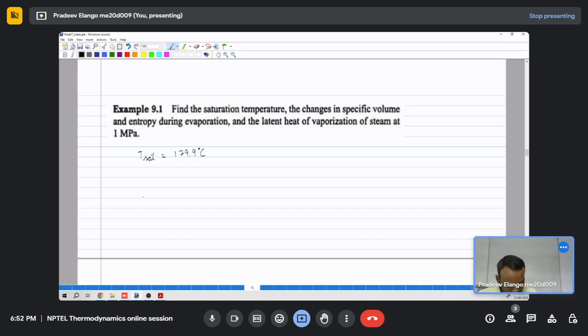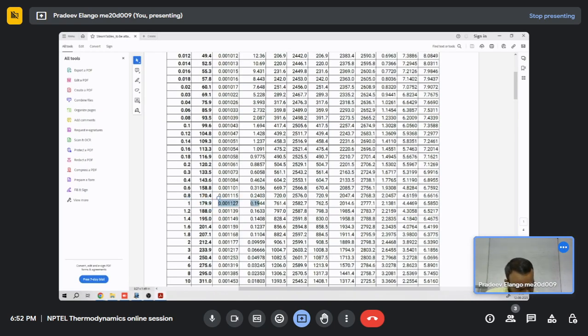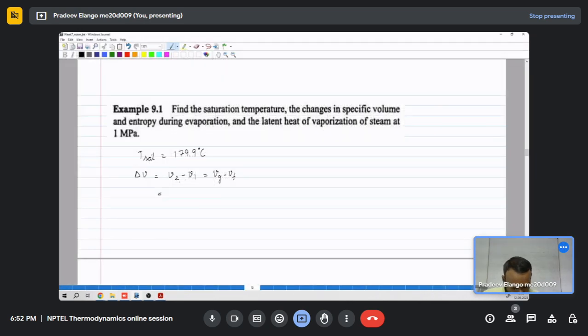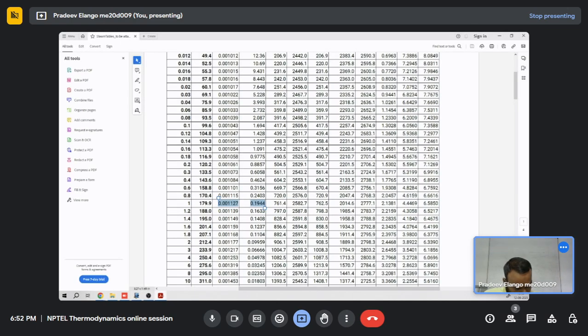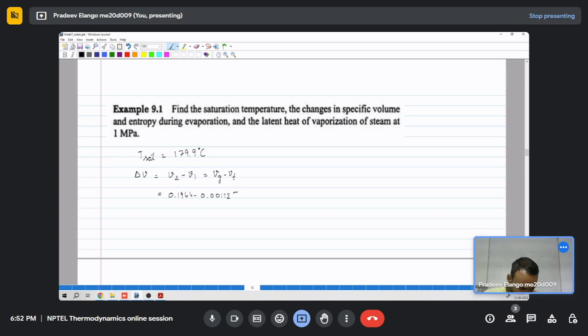Then the changes in specific volume and entropy during evaporation. Delta V is V2 minus V1, that is Vg minus Vf. Vg and Vf are here, that is 0.1944 minus 0.001127.